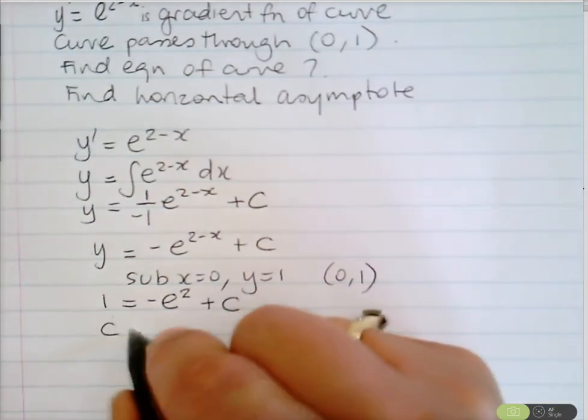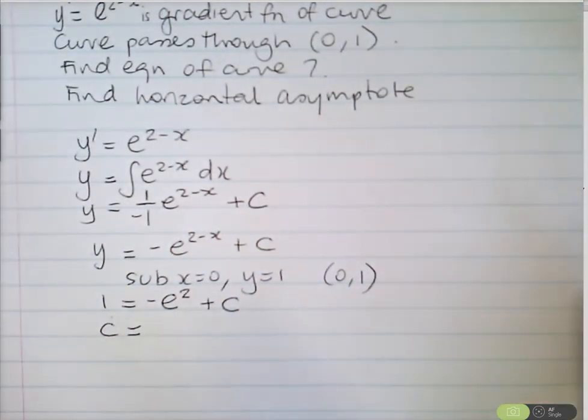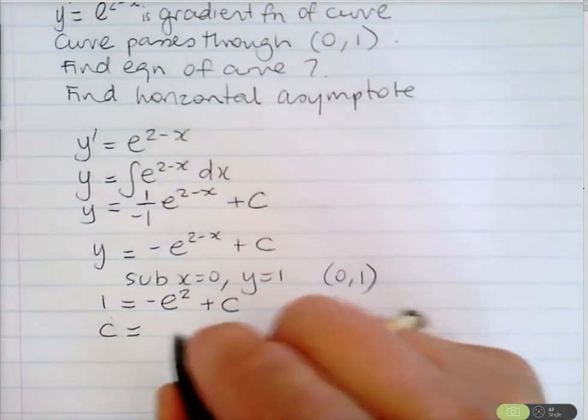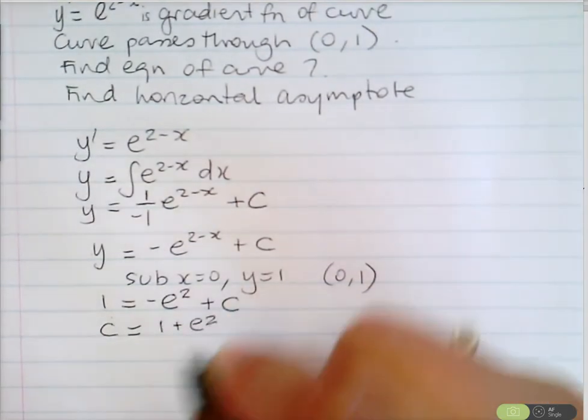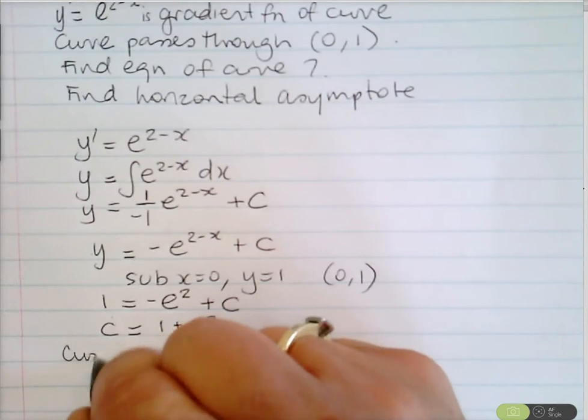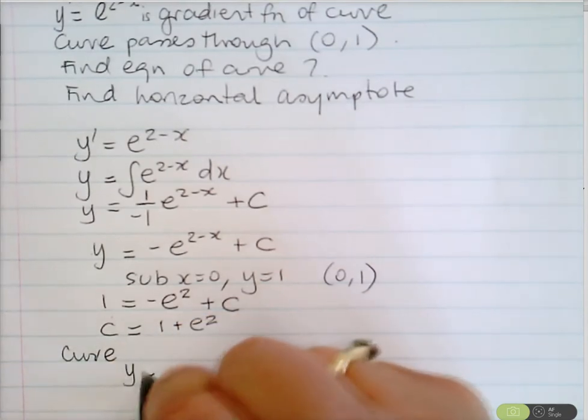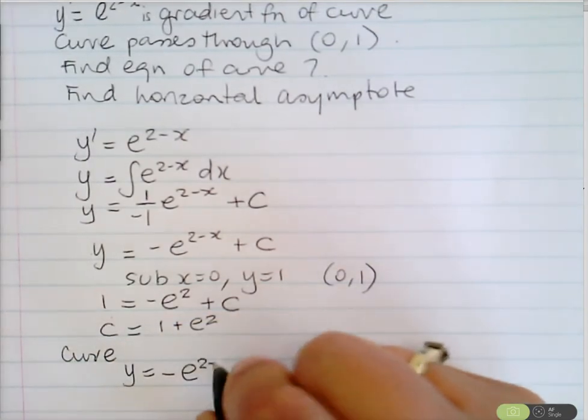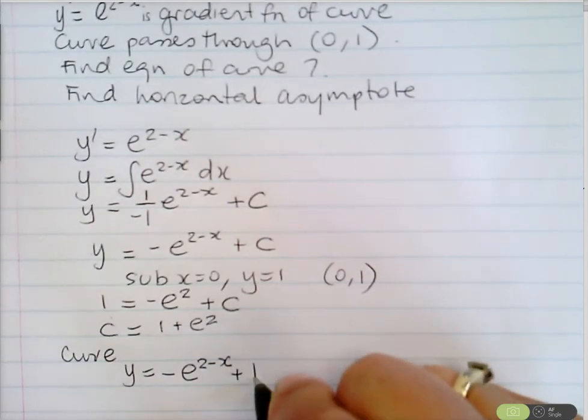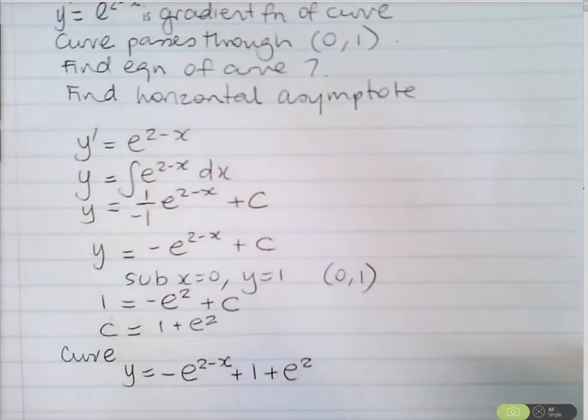So therefore c should be 1 plus e squared. Is that what we got? C is 1 plus e squared. Therefore the curve is y equals negative e to the 2 minus x plus 1 plus e squared.